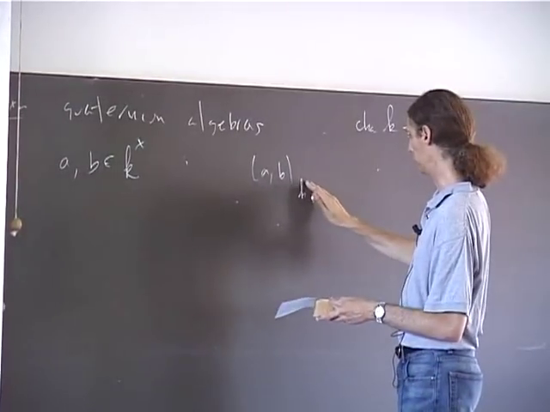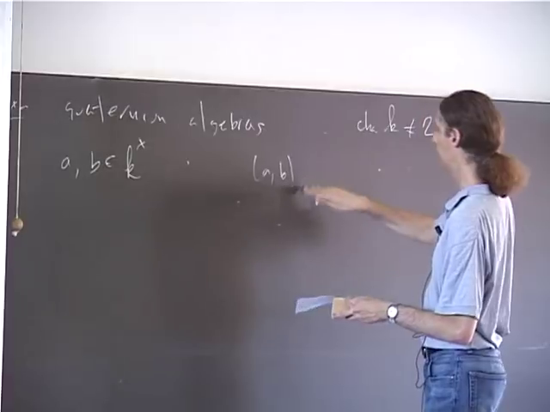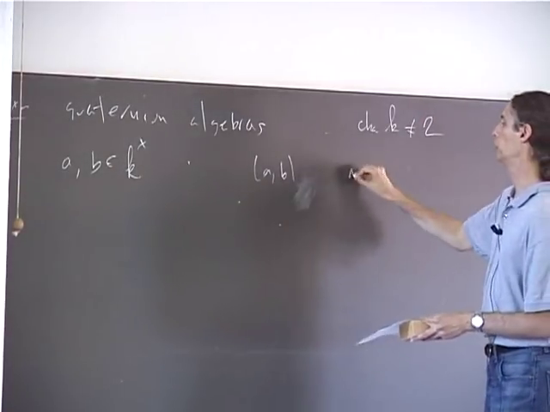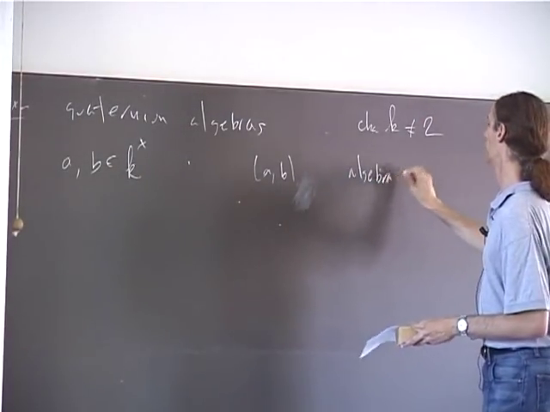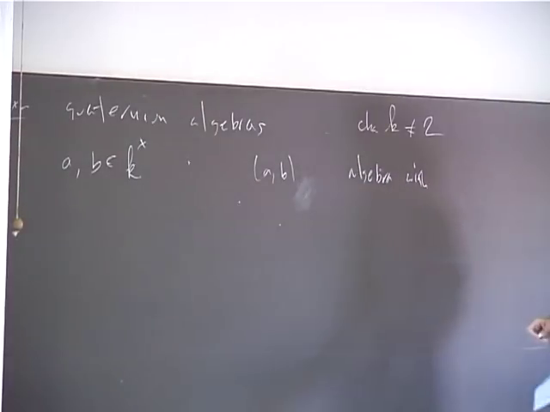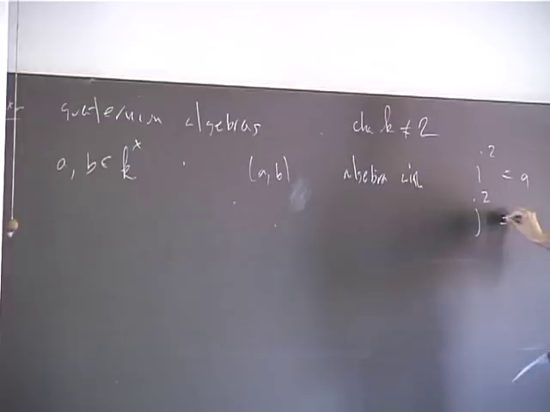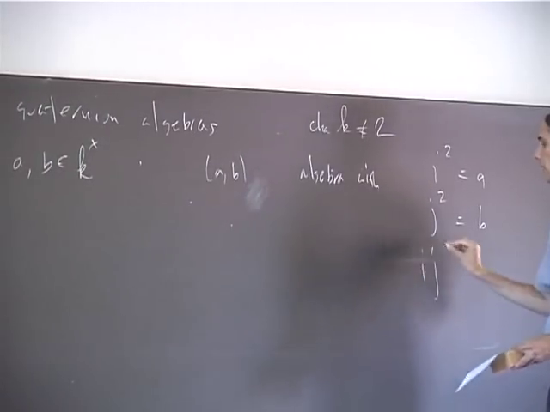Let's just write it like this, (a,b). So this is an algebra with i and j, where i squared is a, j squared is b, and i and j anti-commute.